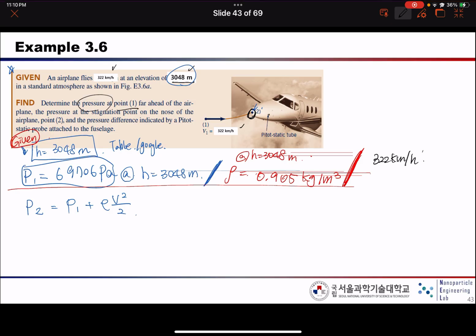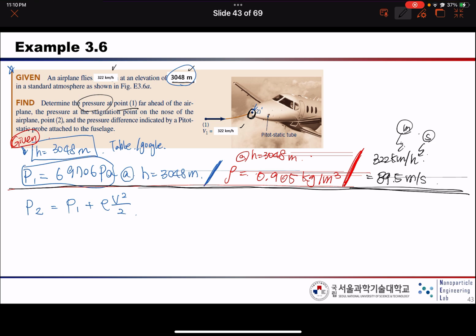I don't like this unit because we want to use seconds and meters, so if you convert it, it is written as 89.5 meters per second. Basically, these three pieces of information are needed to solve this example.